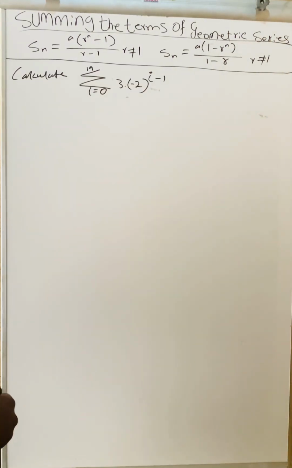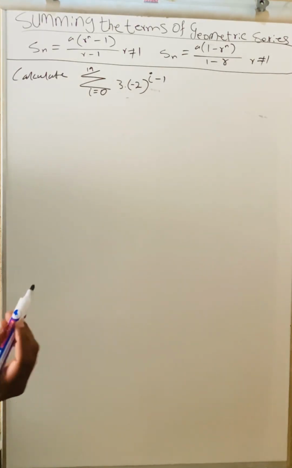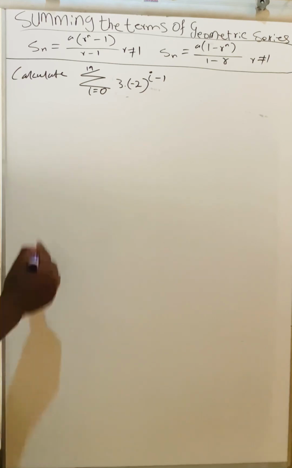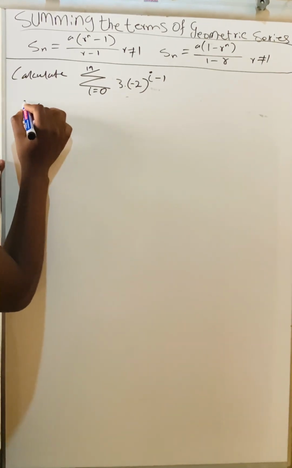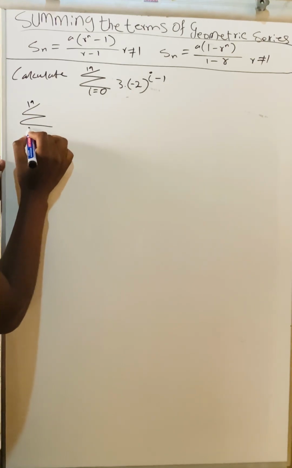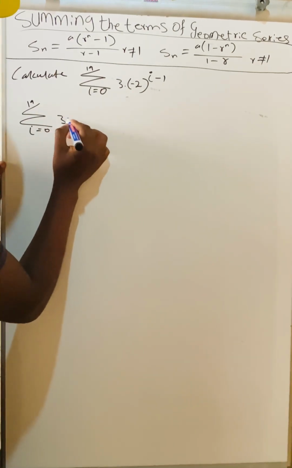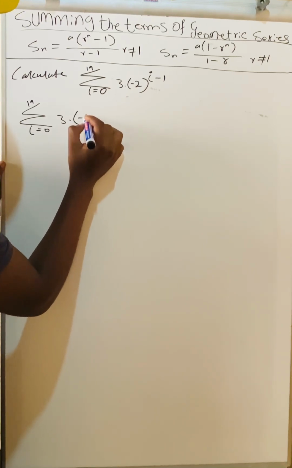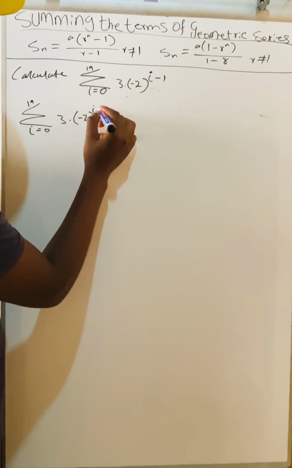Right, guys. Here is the question. It says calculate the sum of this sigma notation. Don't panic, this thing is very simple. You have to pay attention. First, you write this: sigma from i equals 0 to 19 of 3 into brackets negative 2, close the brackets, to the power i minus 1.